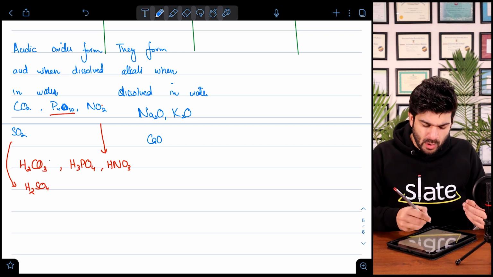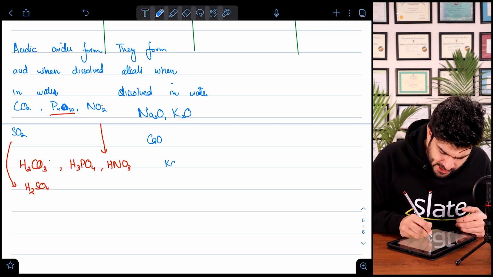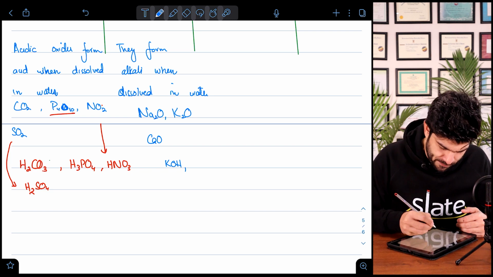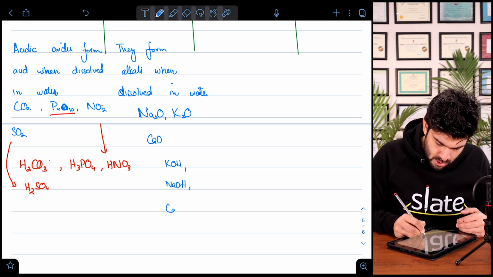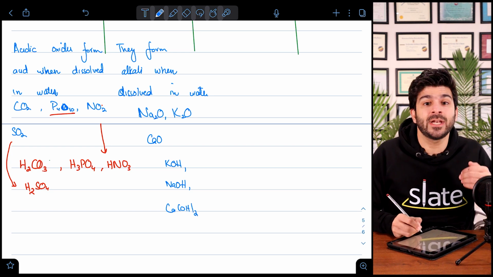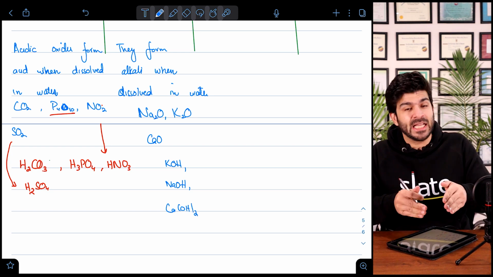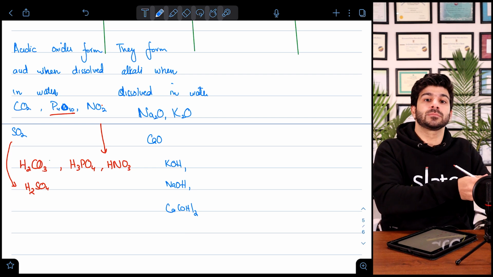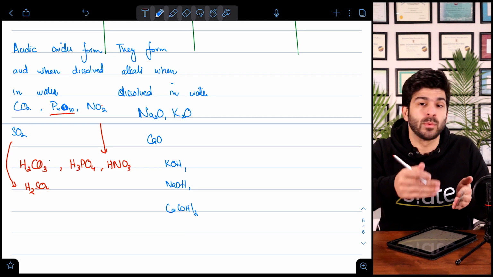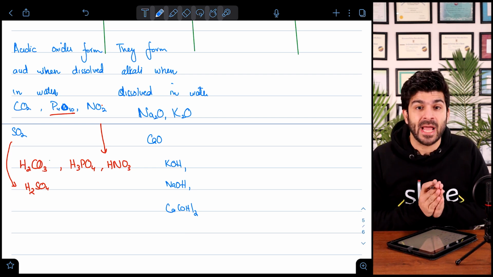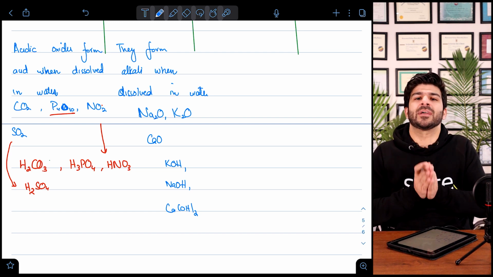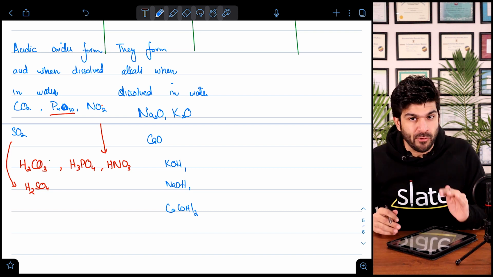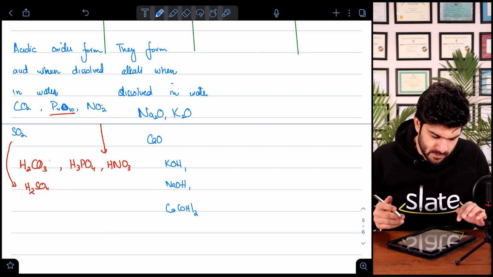And when I dissolve it in water, what do I get? I will get calcium hydroxide, an alkali. Sodium hydroxide, another alkali. Potassium hydroxide, another alkali. And these alkali, when they react with acids, they form salt and water. I'm sorry I'm repeating it again and again, but neutralization is the most important reaction of O-levels chemistry, especially for P4 and P1 and P2 as well.